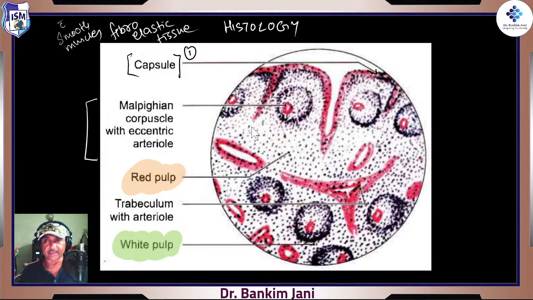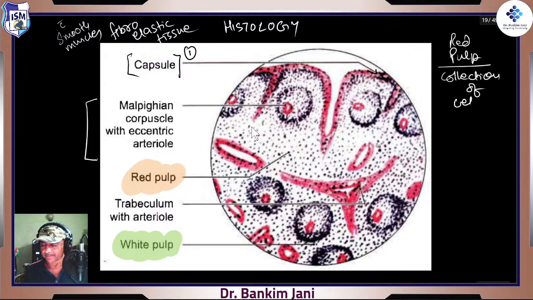Now, as we said, the red pulp is like a pool. Just imagine this entire thing is a pool. Red pulp is nothing but a collection of cells in between those sinusoids.